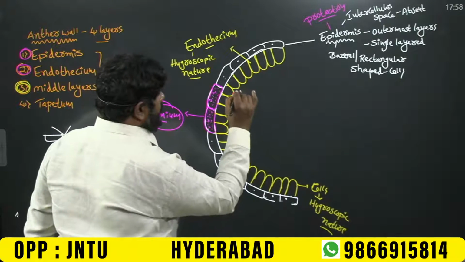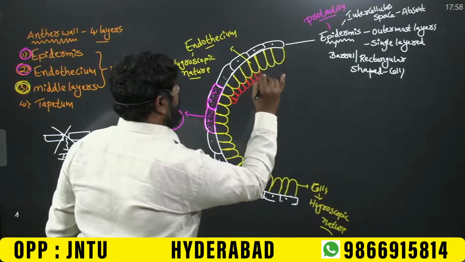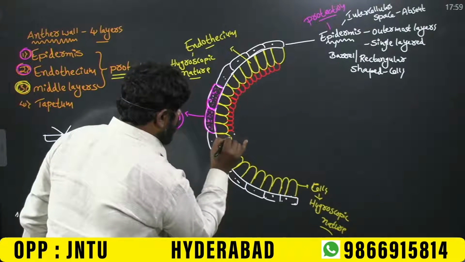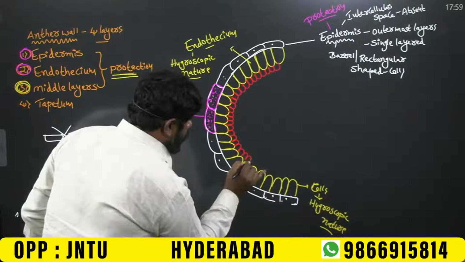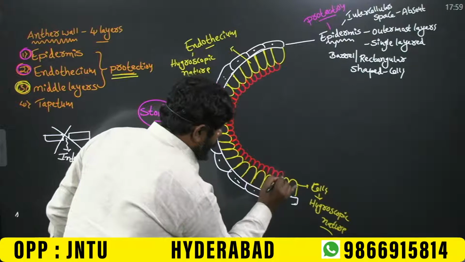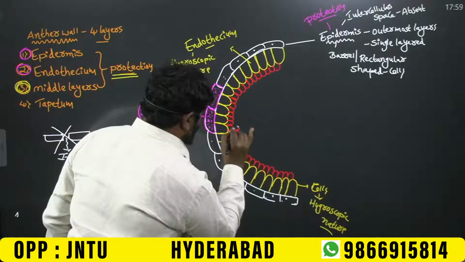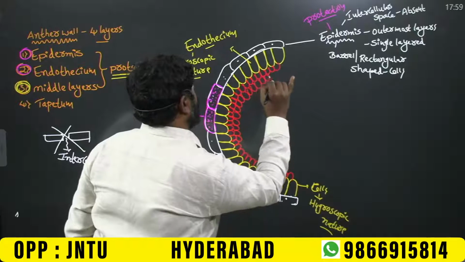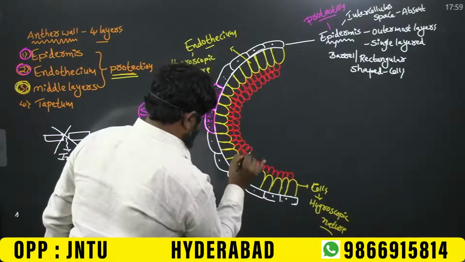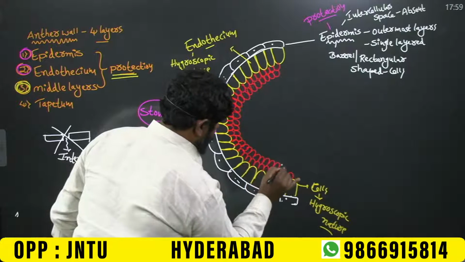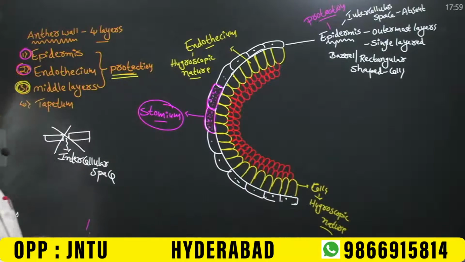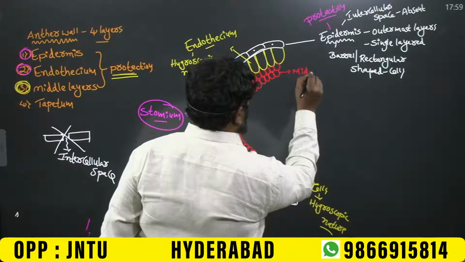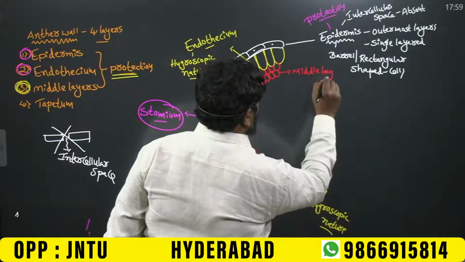Just below the endothecium, 2 to 3 layers, either 2 layers or 3 layers of middle layers are present.